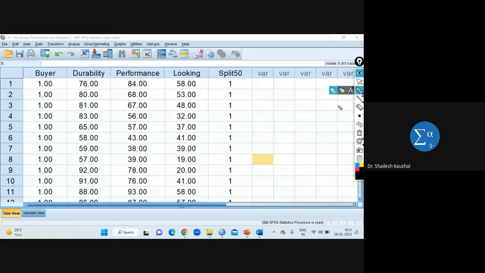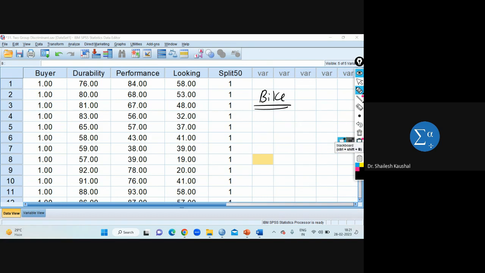Now I'm taking a very simple case study to explain two-group discriminant analysis. In this case study, we want to predict whether a particular person will buy the bike or not.